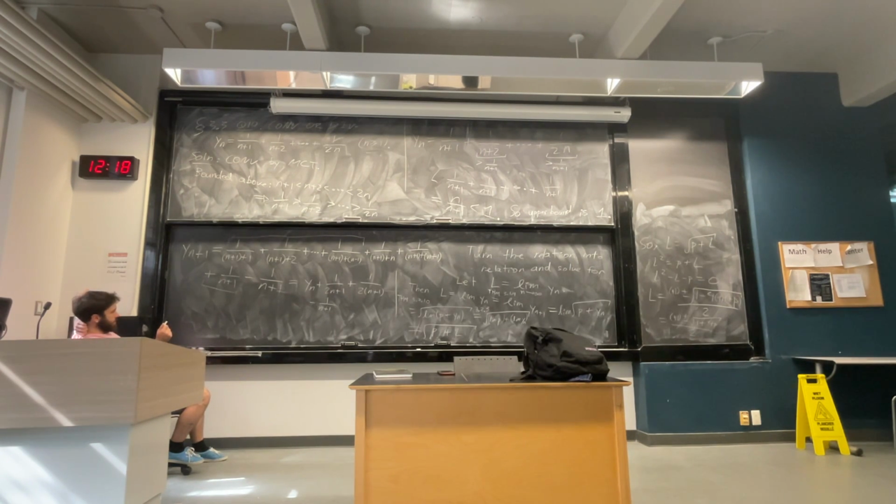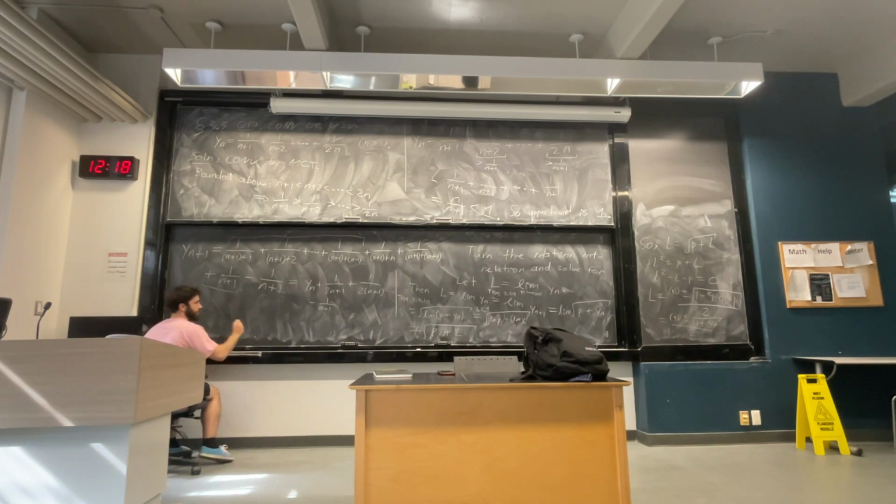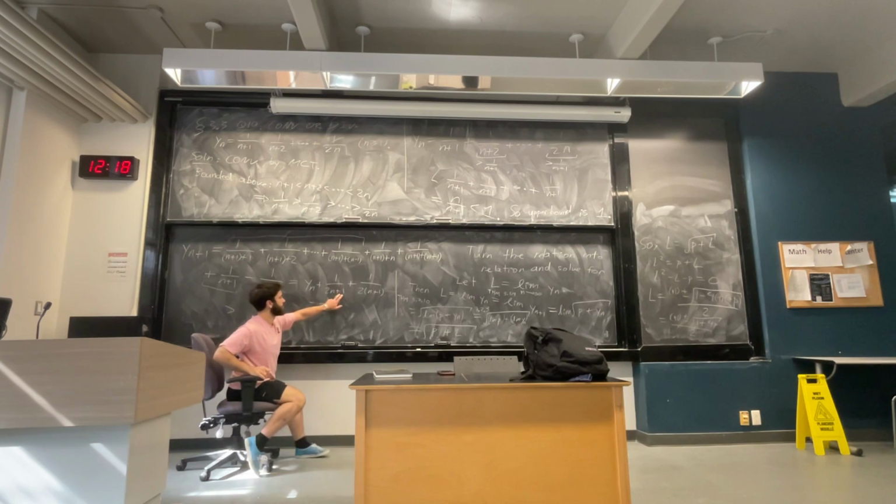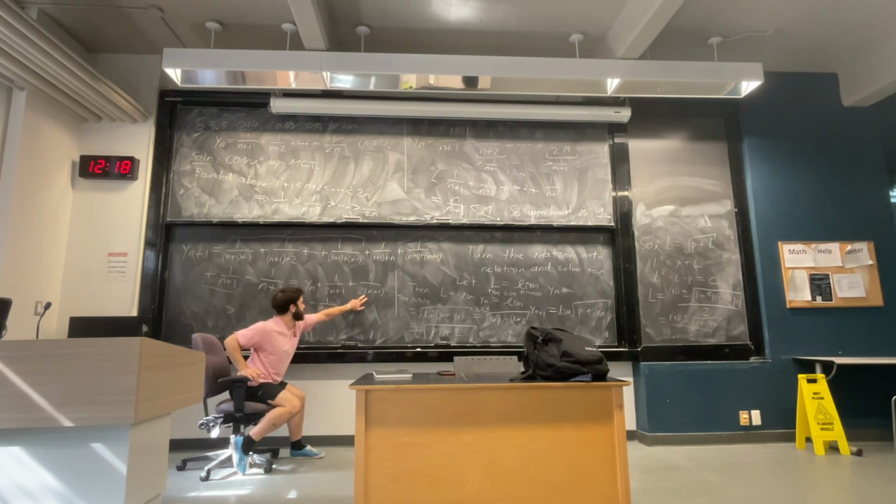I got this. 2n plus 1, that's the bigger quantity. Less. Okay. So here's the bigger quantity. So this term is greater than this term.